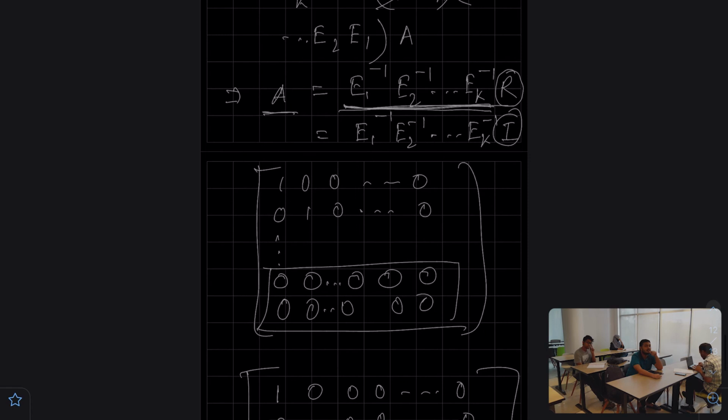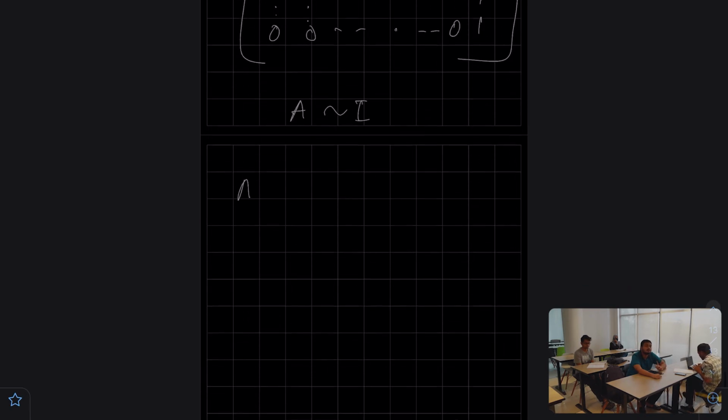Because A is E1 inverse, E2 inverse, dot dot, EK inverse, and we don't have to consider the I, and still I is also an elementary matrix, right? So A is just this, and this is a finite product of the elementary matrices.